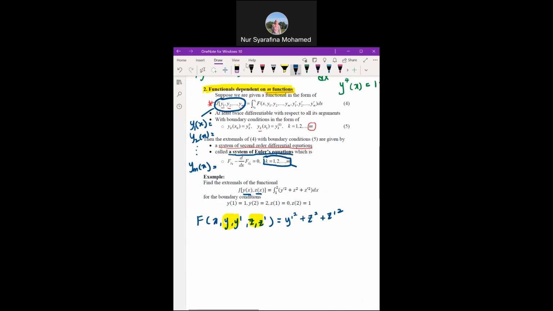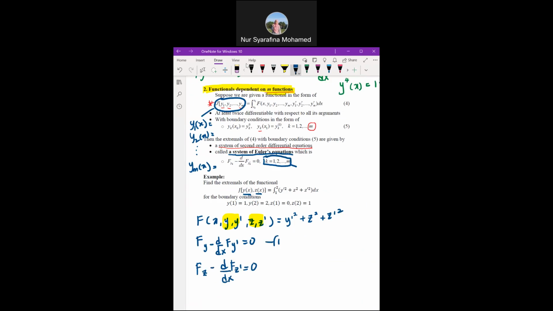So our Euler equations should be in terms of F_y minus the derivative of F_y prime with respect to x equals 0, and another Euler equation focusing on z: F_z minus the derivative of F_z prime with respect to x equals 0.